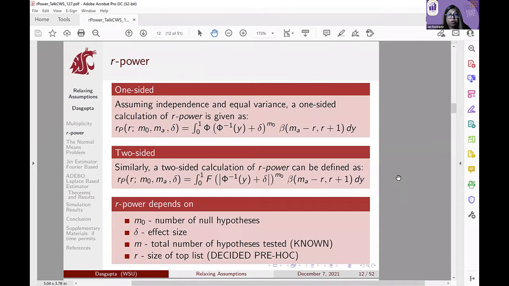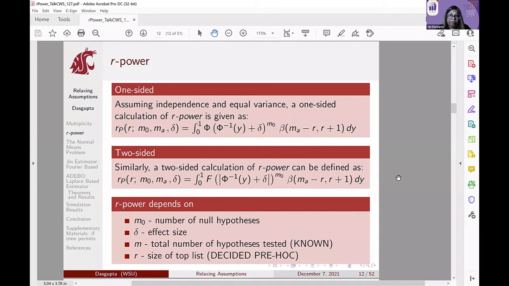Okay. So mathematically, what R power turned out to be is a probability between two order statistics. We can find the distributions of both order statistics, under independence, normal distribution, equal variance.